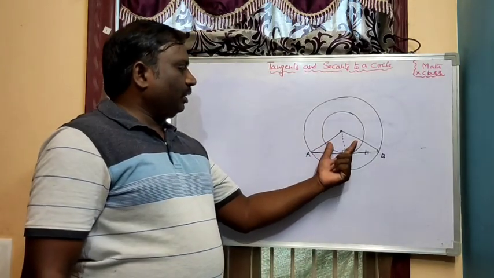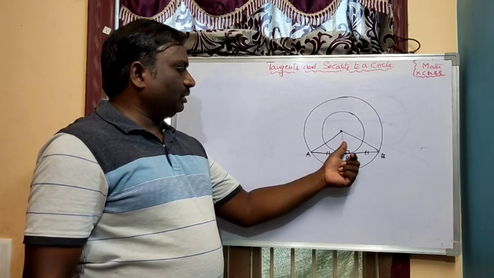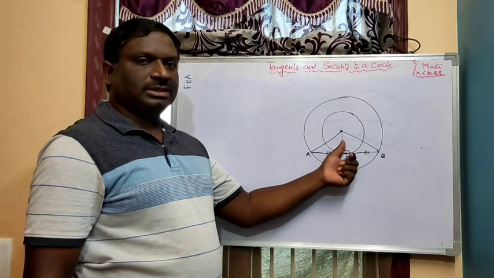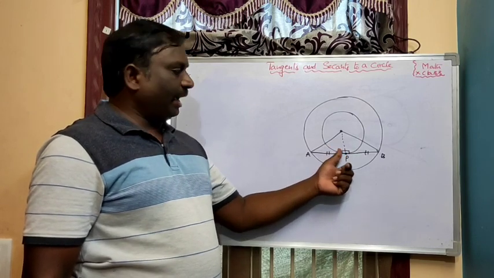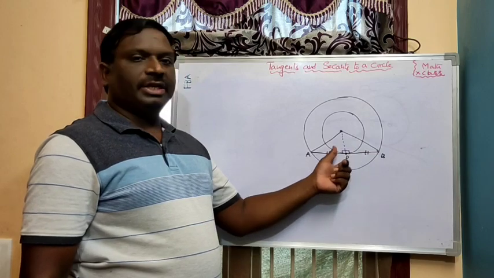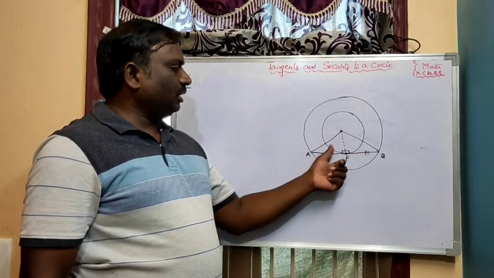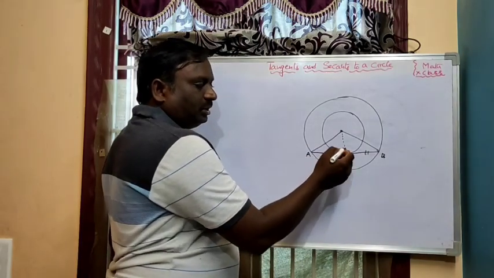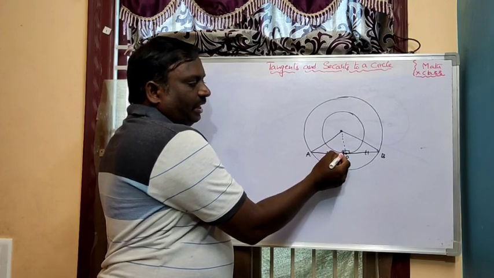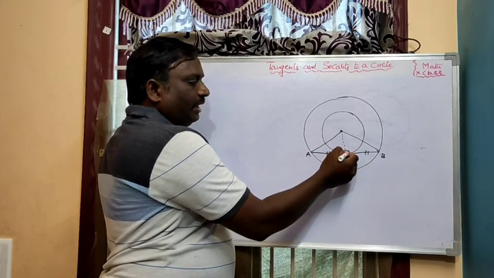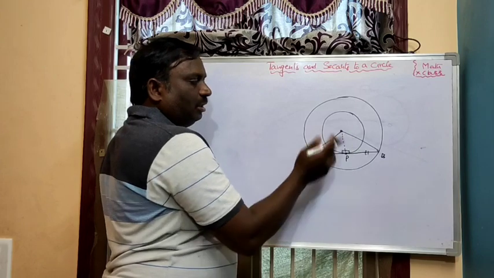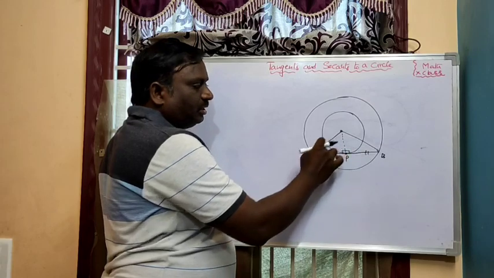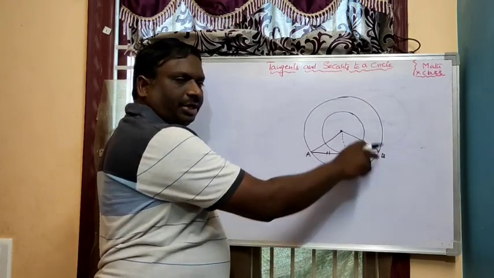So by RHS, because of the right angle, hypotenuse and common side, these two triangles are congruent. Then by CPCT these two sides are equal. Already these two are radii, no problem.